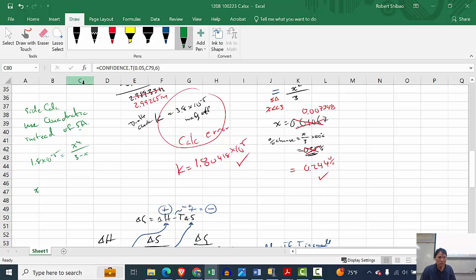And so I'm going to get x squared plus 1.8 times 10 to the minus 5 x minus 3 times 1.8, 5.4 times 10 to the minus 5 is equal to 0. And then I'm going to use the quadratic solver for this.